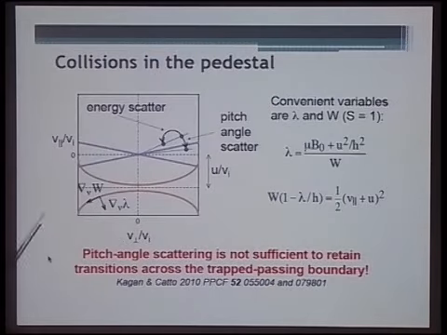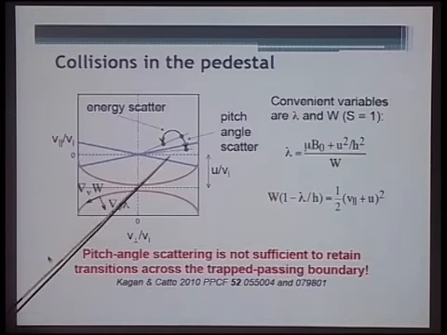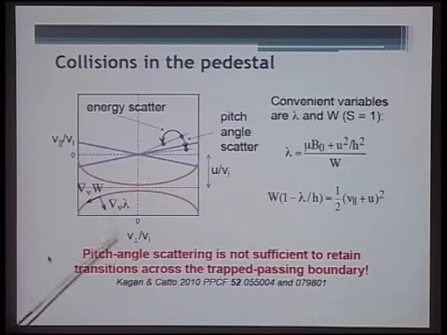And here's, again, this picture in velocity space. This is the standard case where you just keep track of pitch angle scattering across these lines of constant pitch angle. But in this case, the pitch angle variable becomes more complicated. The trapped region has more complicated boundaries and is shifted down. You have to keep track of that. And it's not enough to just keep pitch angle scattering. Now you have to keep energy scattering. So we use the collision operator that Ian and others developed here.